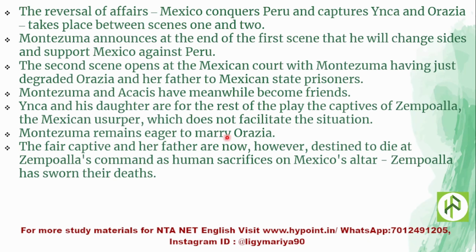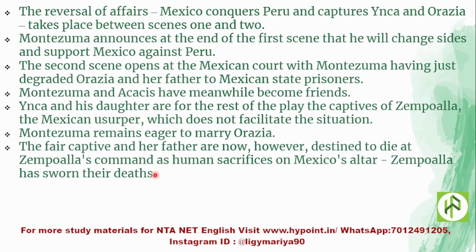Montesma remains eager to marry Orazia. Still, Montesma has some fondness and obsession towards marrying Orazia. The fair captive and her father are now, however, destined to die at Zempolla's command as human sacrifices on Mexico's altar. Zempolla has sworn their deaths.